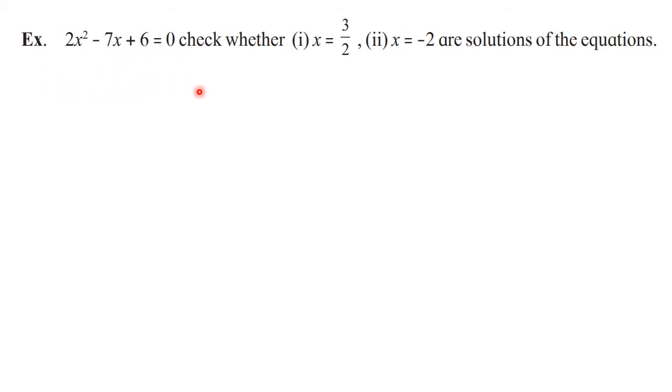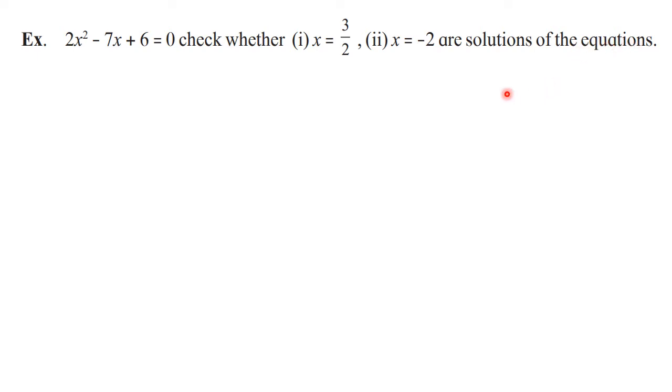So whenever you are watching a video, please keep your textbook open so you can see it by yourself and understand it. I told you that solved examples are equally important for the board exam, so please do not ignore them. Try to understand it. Now they have asked us to check whether the first one, x is equal to 3 upon 2, and the second one, x is equal to minus 2, are solutions of the equation.